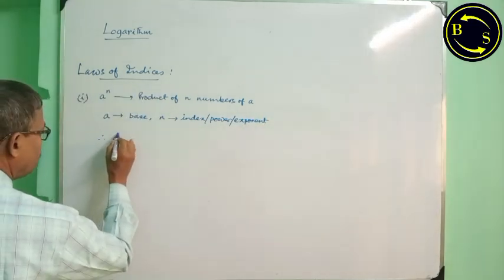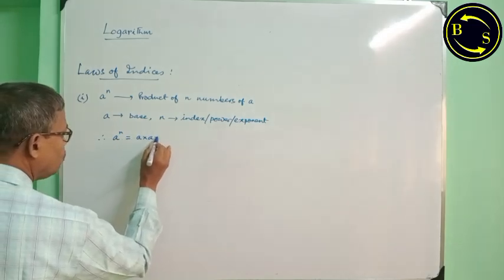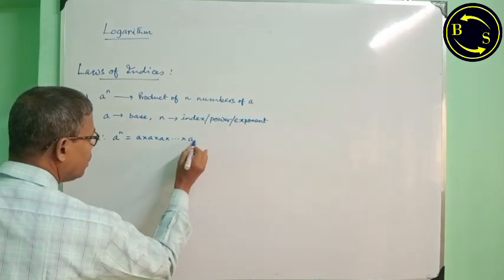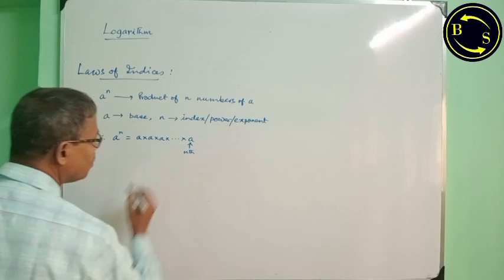Therefore, A to the power n is A into A into A, this is nth A.